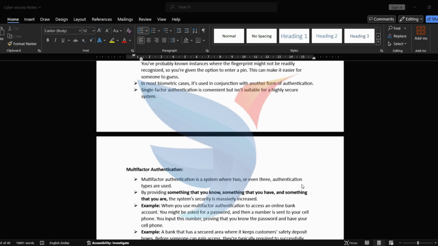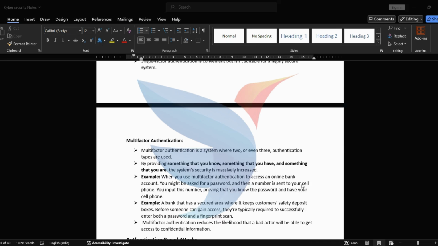So now let's see what is multi-factor authentication. Multi-factor authentication is a system where two or even three authentication types are used by providing something you know, something that you have, and something that you are. The system's security is massively increased.